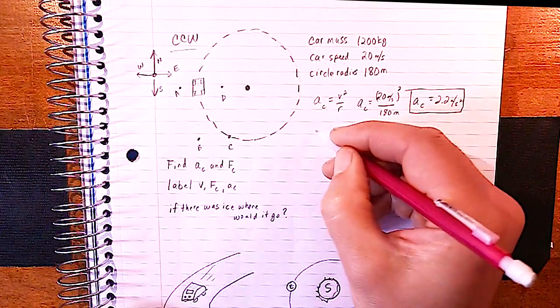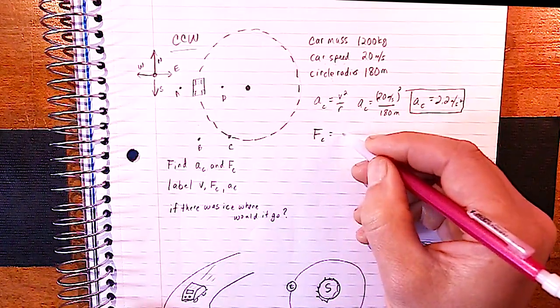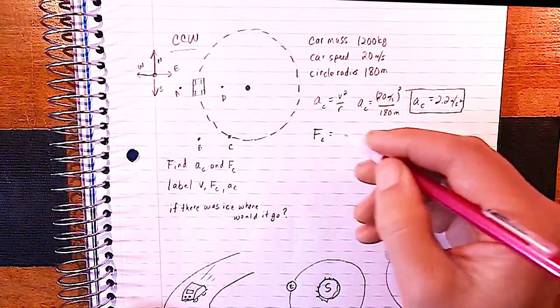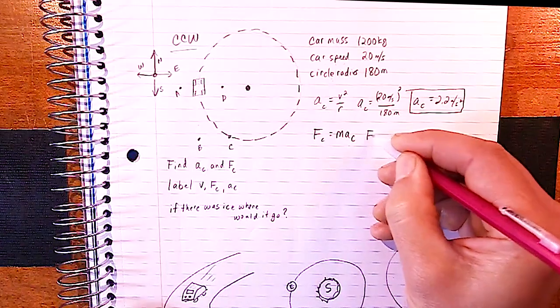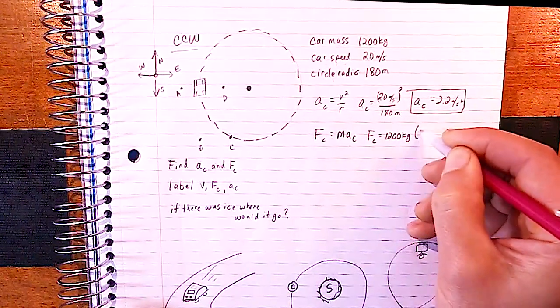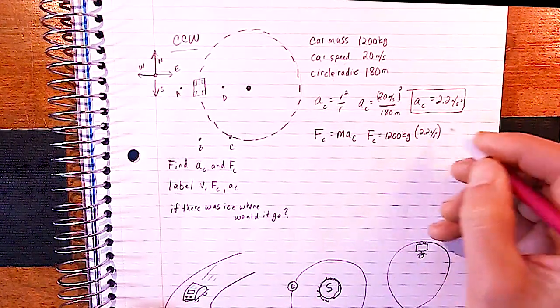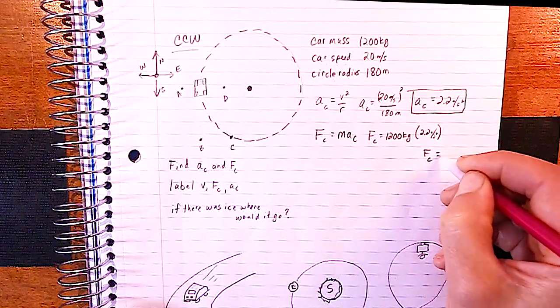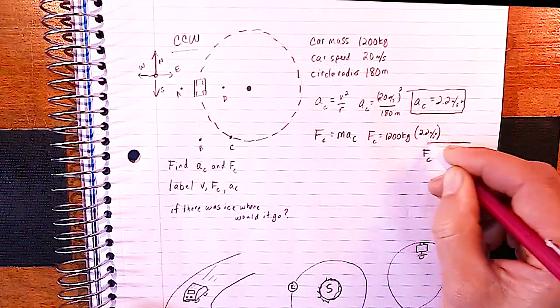To find the centripetal force, we could do Fc equals mv squared over r, but we don't need it because we already have AC. So we can just put in 1,200 kilograms times 2.2 meters per second squared, and that gives us a centripetal force of 2,640 newtons.